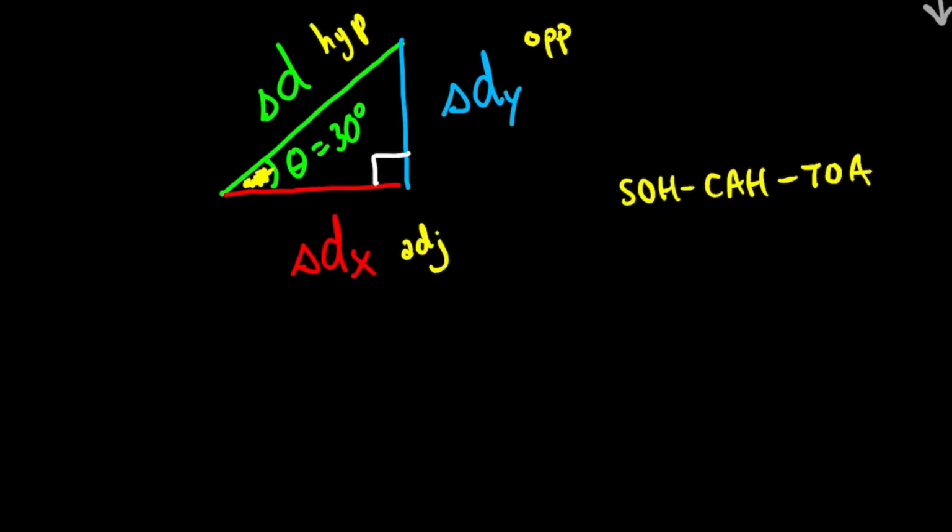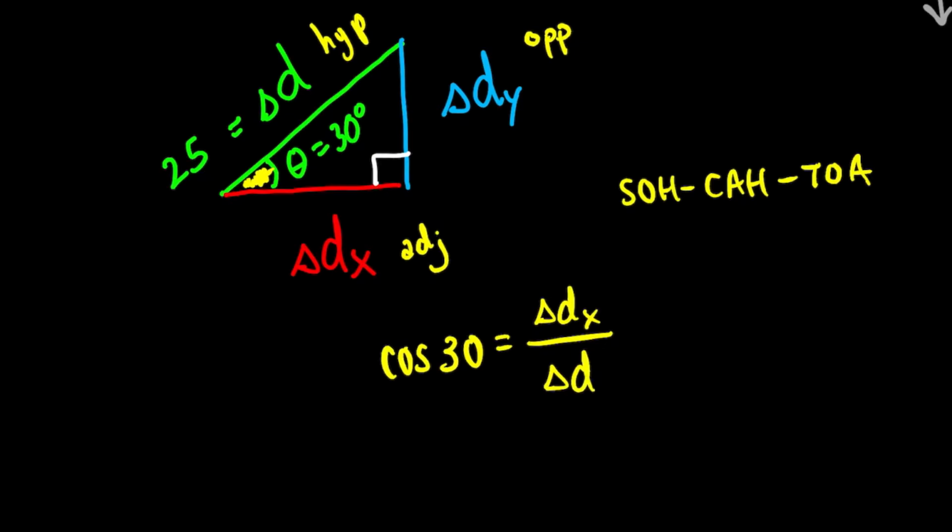Now recall that the length that they gave us was 25. So this means that we need to find the opposite side and the adjacent side, for which we're going to take advantage of the sine ratio and the cosine ratio. So let's start off with the cosine ratio. Cosine of 30 is going to be adjacent over hypotenuse.